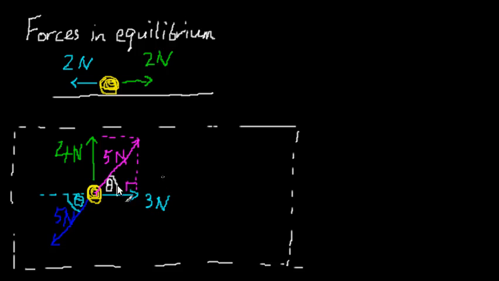So if we know theta, we have the full description, the full answer for the force that balances those two forces. As you can see, it's a bit more involved. It needs a bit more work, a bit more calculations than the first example where both forces are in a straight line.